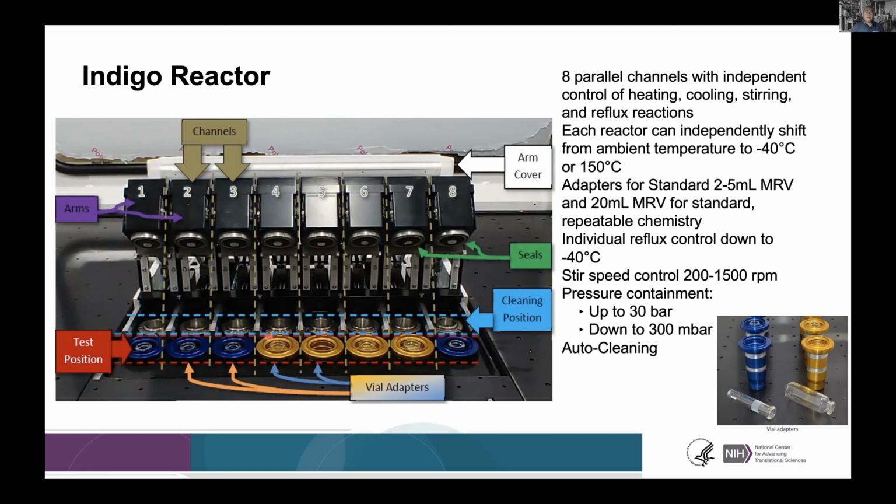We can also pull a vacuum down to 300 mbar for a vacuum scenario. Also, we can auto clean the reactor after the reaction finishes, so chemists don't have to worry about any cross contamination after the reaction is done. The automation system will clean itself after the reaction finishes.